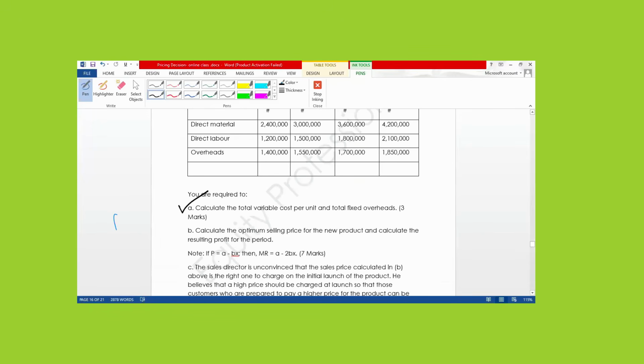Now let's go to it. First, what is optimum selling price? Your optimum selling price is that selling price that maximizes your profits, the price that will give you the highest profits.